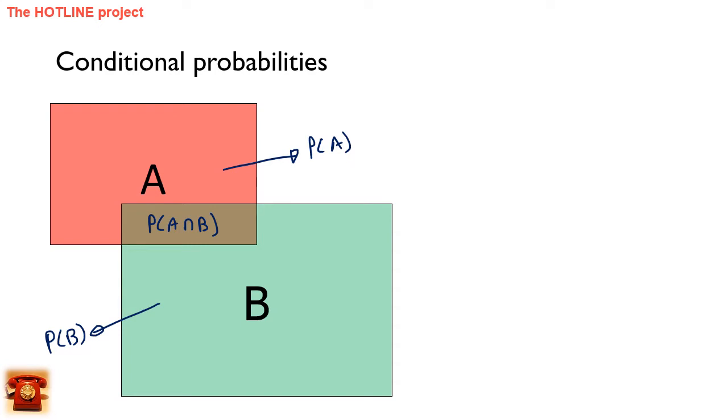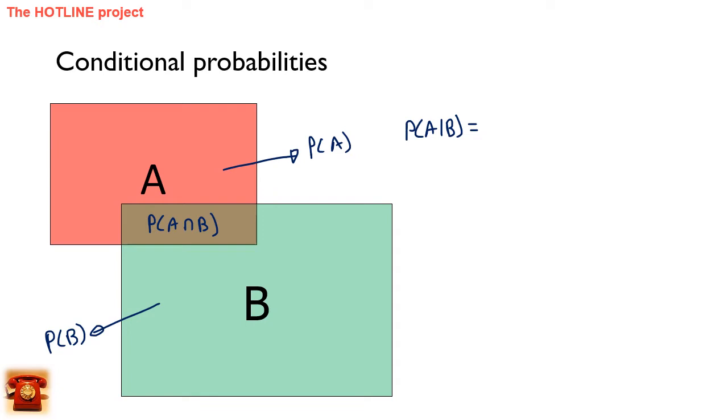Now, what would be the conditional probability of event A given B? The conditional probability of event A given B means knowing that B is true, what is the probability of observing A?